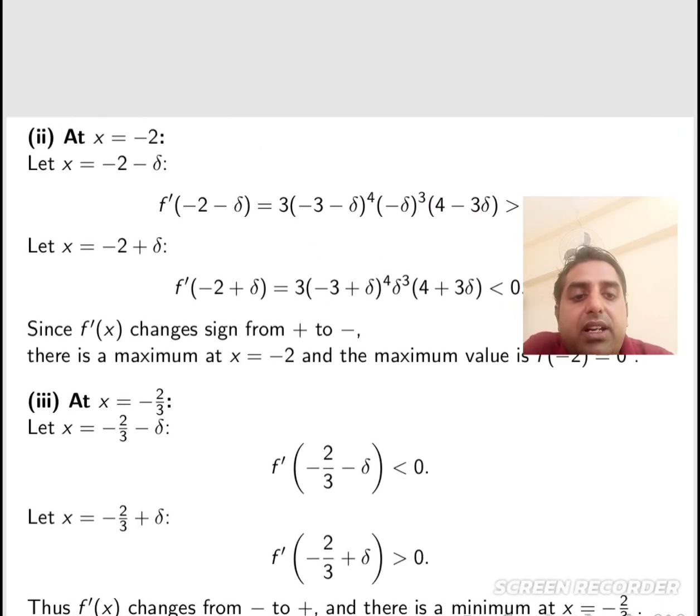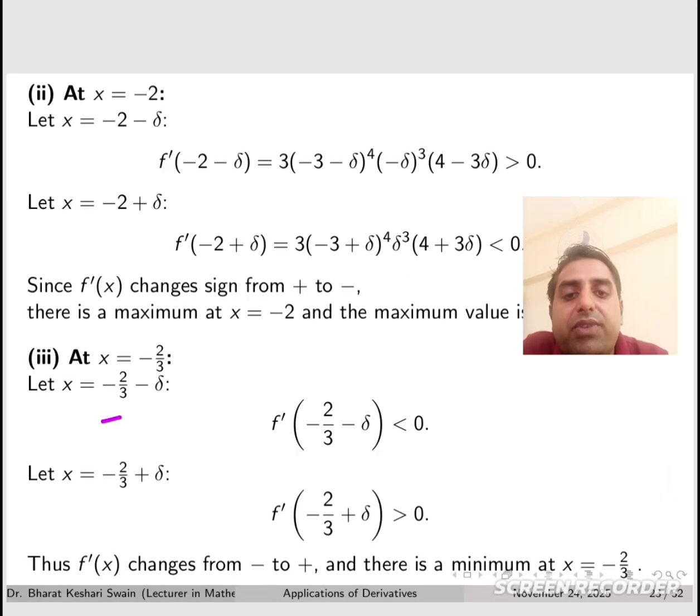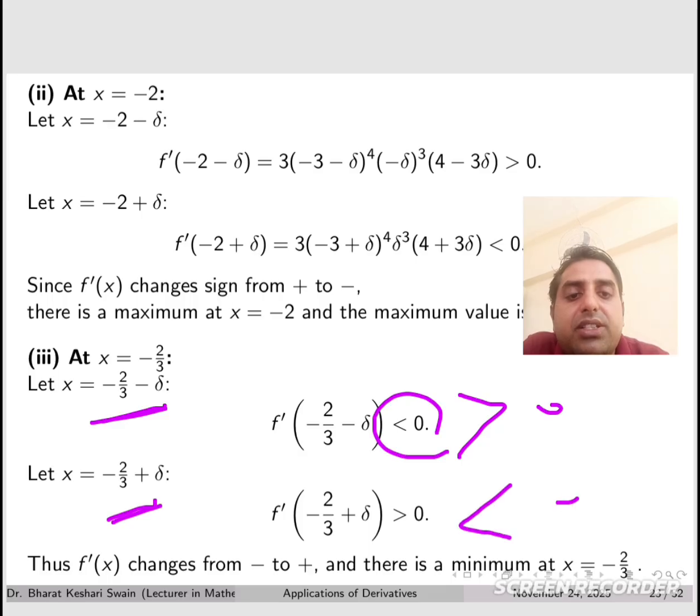Okay, and similarly we can check for x equal to minus 2 by 3. For x equal to minus 2 by 3, put minus 2 by 3 minus delta, then put minus 2 by 3 plus delta. I think it will be greater than 0. Actually it is opposite to this. This is greater than 0 and this is less than 0.